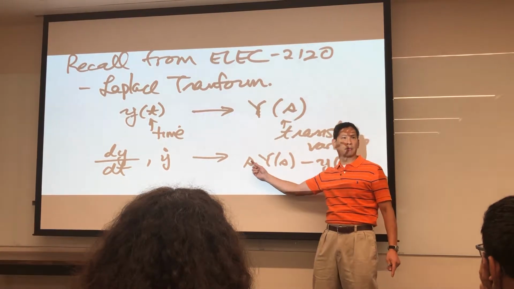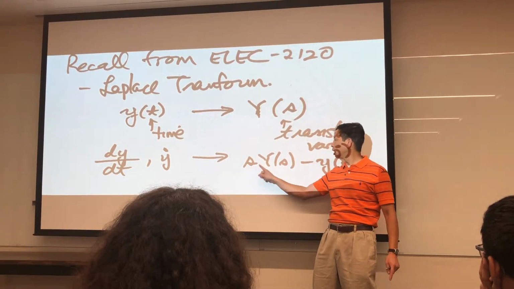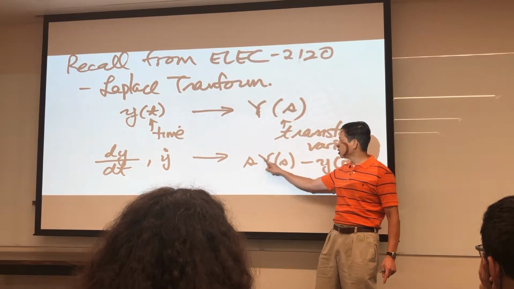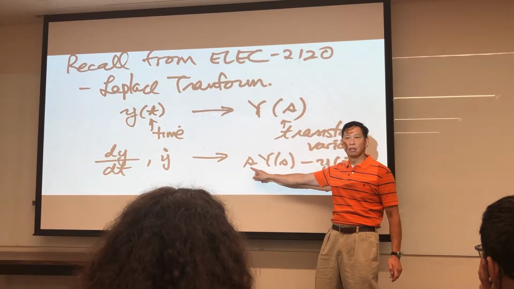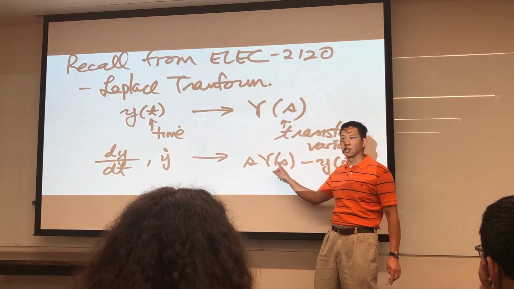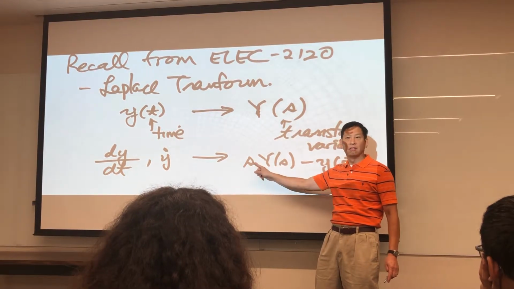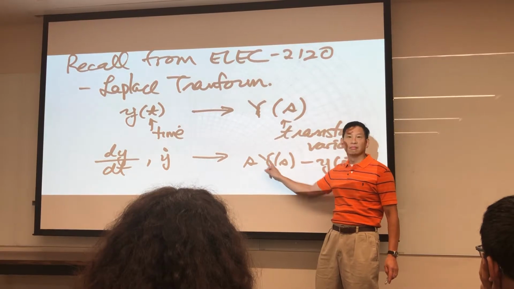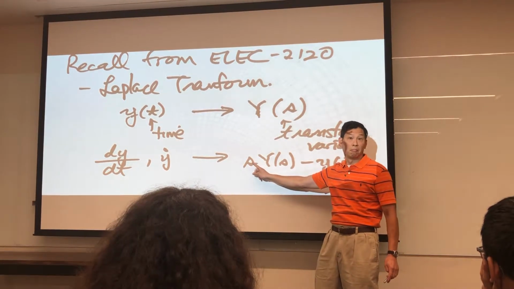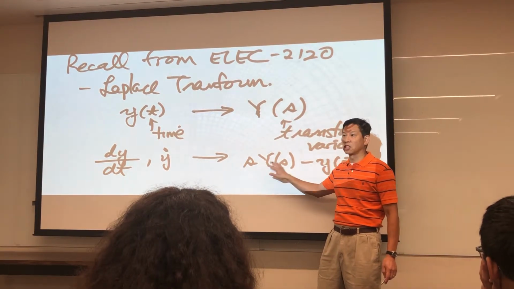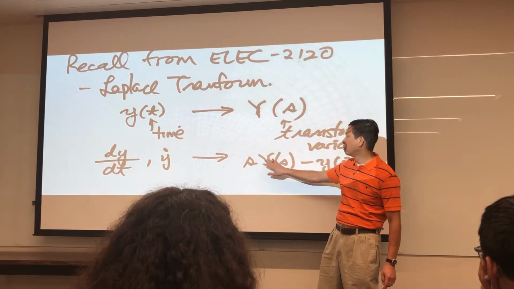How would we describe this operation? What mathematical operation is this? It's multiplying by s, right? I just take whatever information I have and I multiply by s.